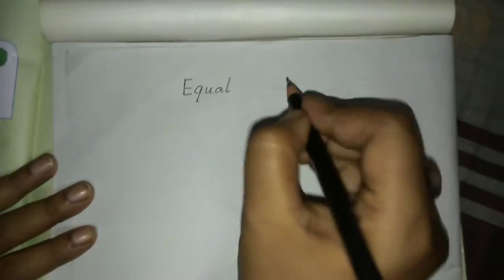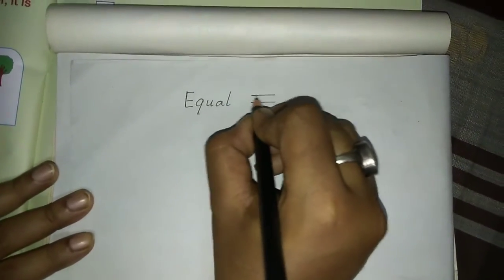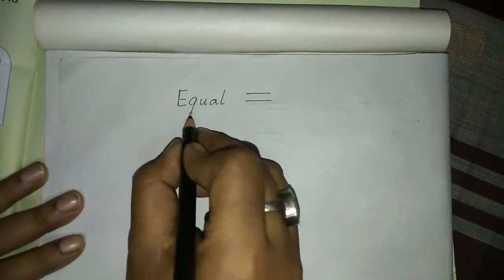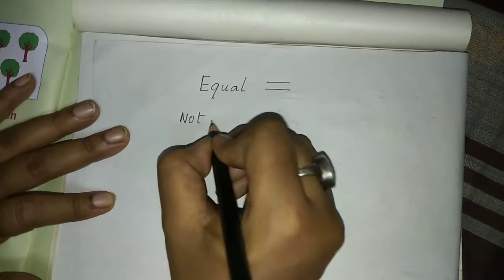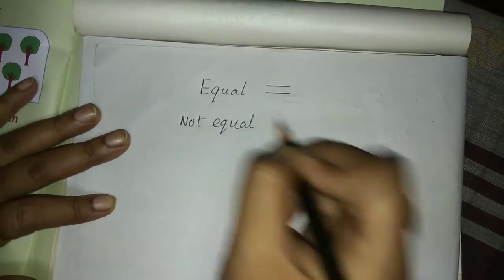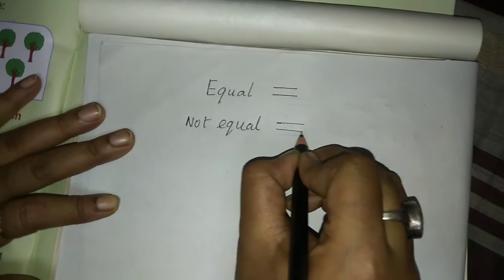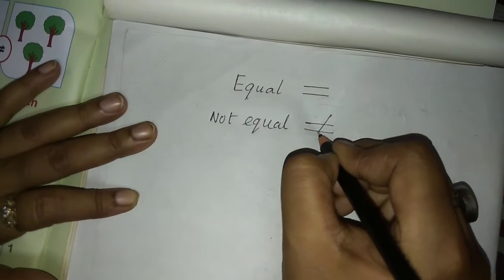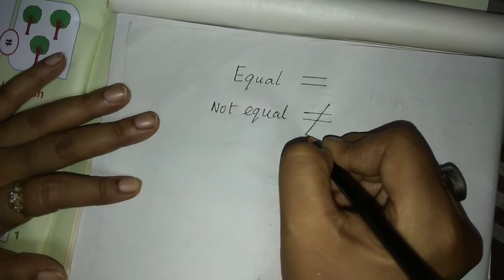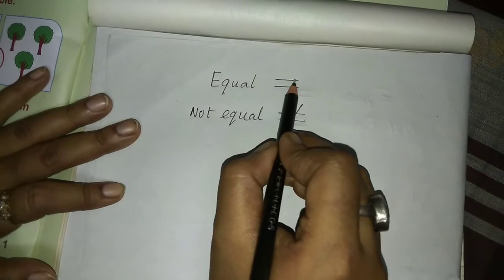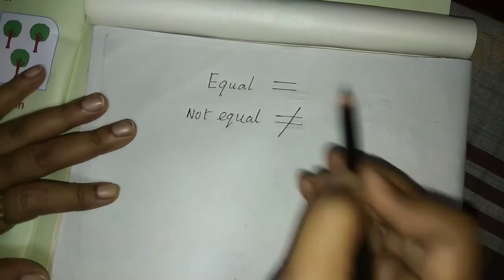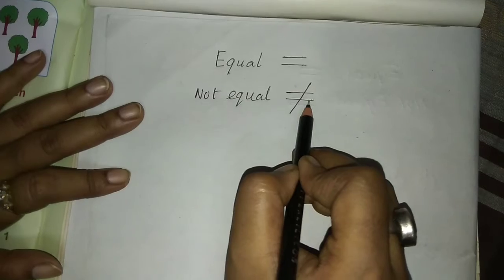First you have to know the equal sign. This sign denotes equal. And for not equal, the same equal sign has one more line drawn across it, that means not equal. So the equal sign denotes like this, and the not equal sign denotes this.